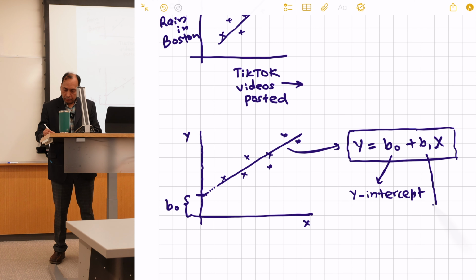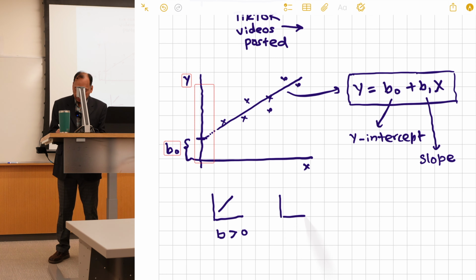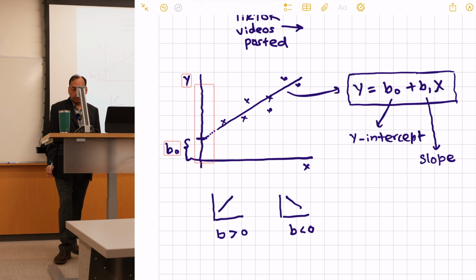Similarly, b1 is called the slope. So if you have x and y and a straight line like this, then your slope is likely to be greater than 0, positive. But if you have a line like this, your slope is going to be negative, less than 0.